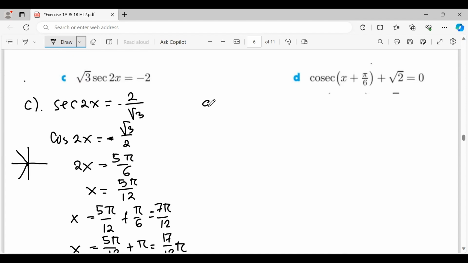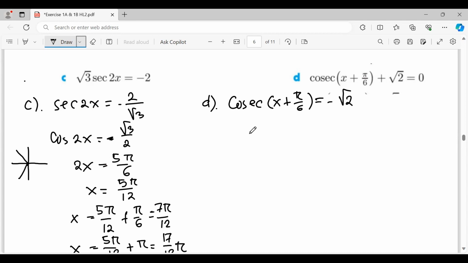D. Cosecant of x plus π/6 equals minus root 2.